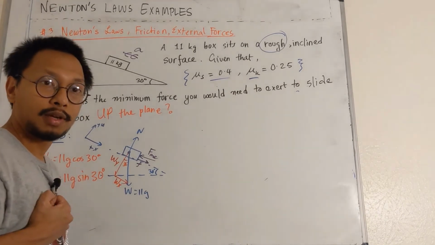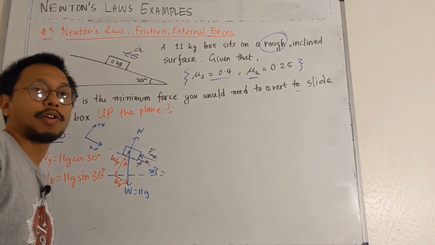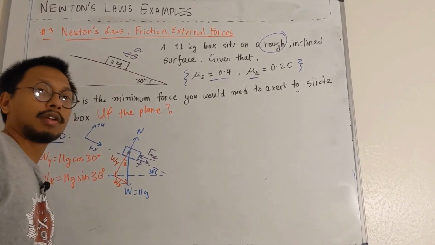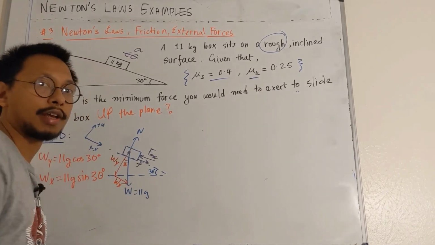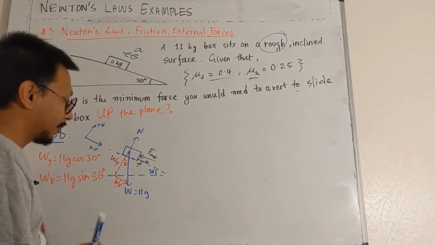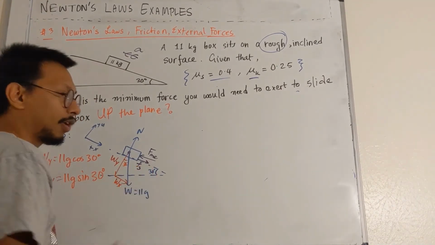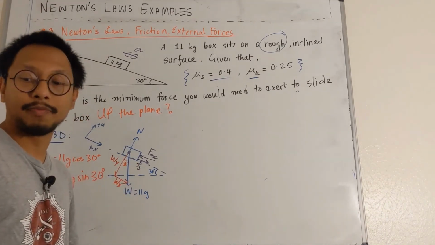That would give me my minimum force required. That would be at the point when friction is doing all that it can to stop me from sliding the box up along the plane. Hence, friction would be static, and moreover, just like B, friction would be at its maximum value.